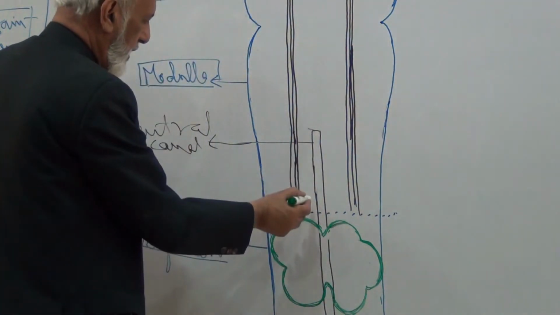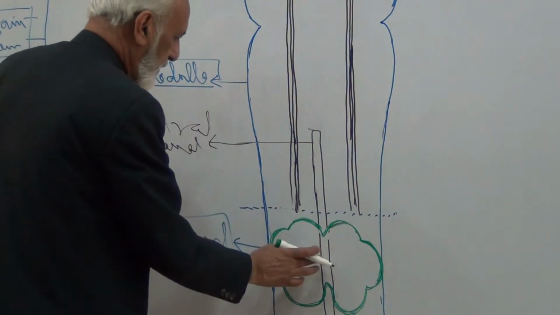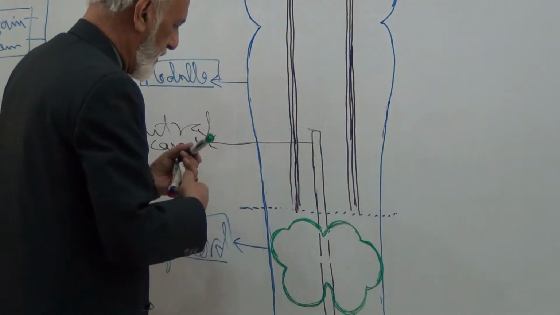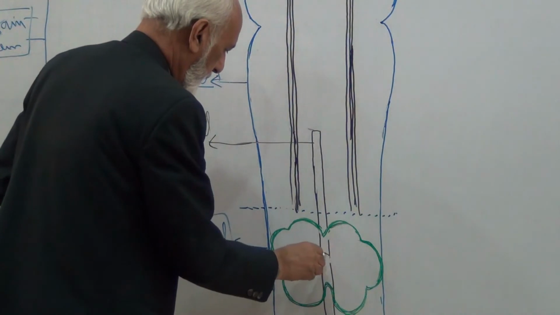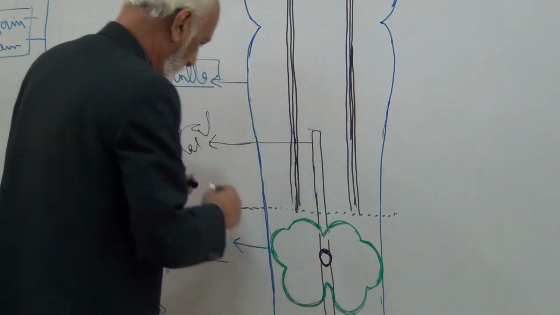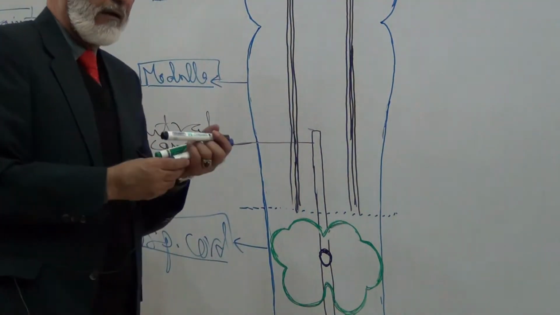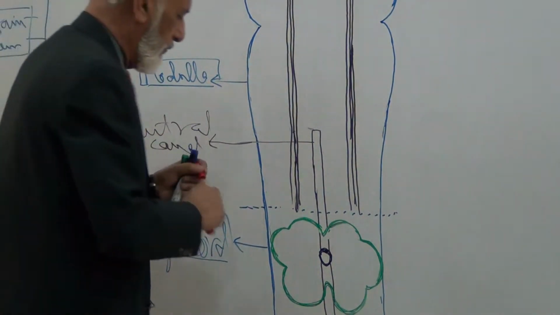Now the central canal of medulla oblongata continues as central canal of the spinal cord. And you know spinal cord comprises gray matter inside and white matter outside.